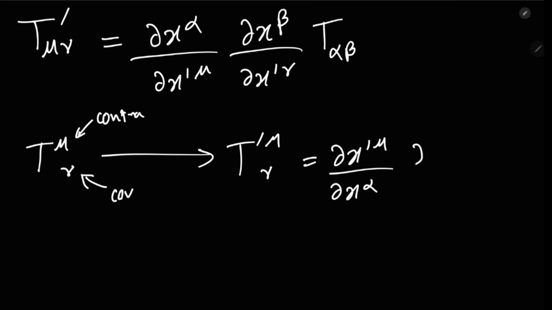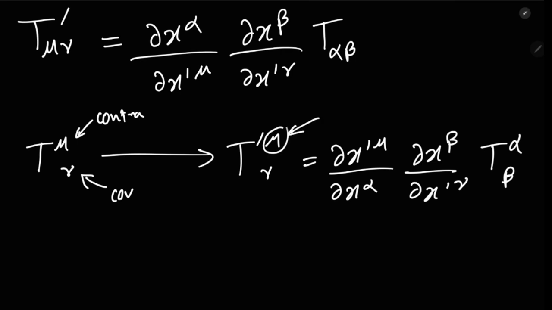So that factor will be del x beta by del x prime nu, T alpha beta. This is called a mixed tensor. It is again rank 2, transforming contravariantly with respect to mu and covariantly with nu.